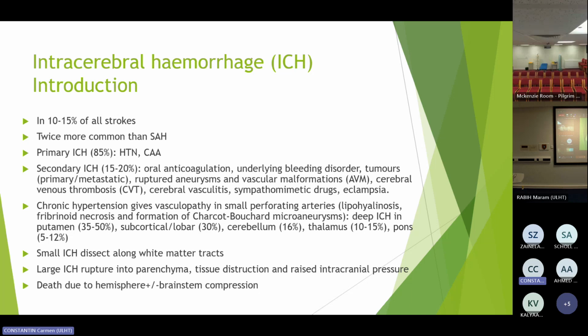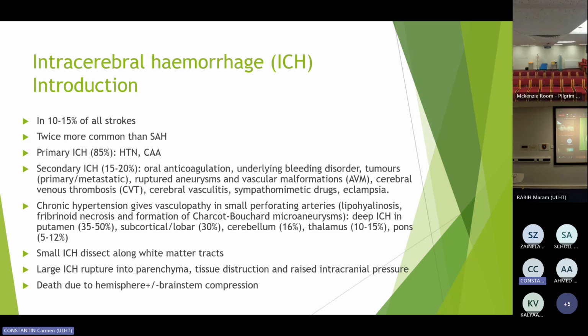Chronic hypertension gives, unfortunately, vasculopathy within the small perforating arteries, causing lipohyalinosis, causing fibrinoid necrosis, and causing these very small Charcot-Bouchard microaneurysms. So we can have deep hemorrhagic strokes, for example, in putamen, most of them.